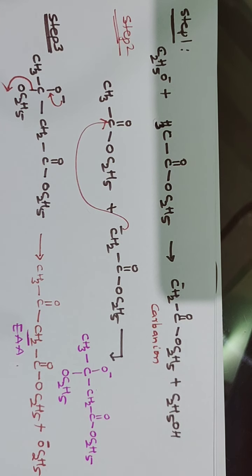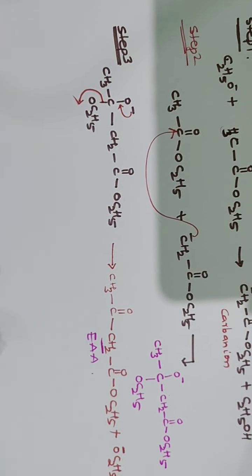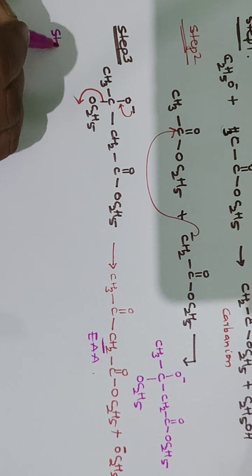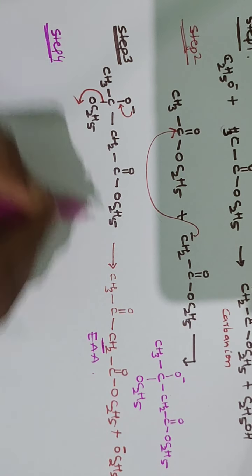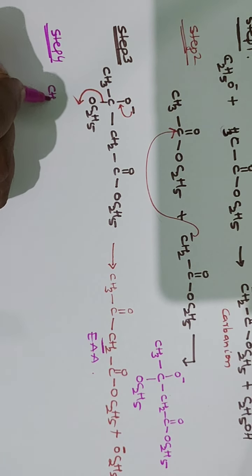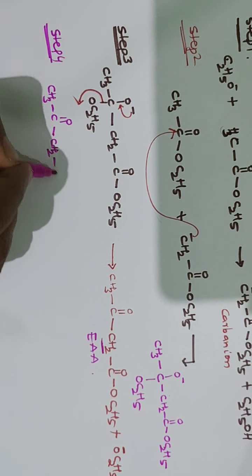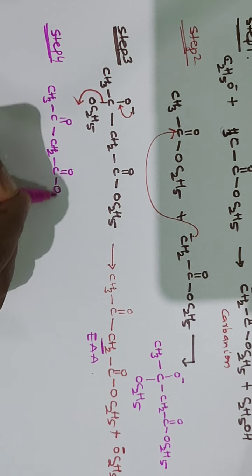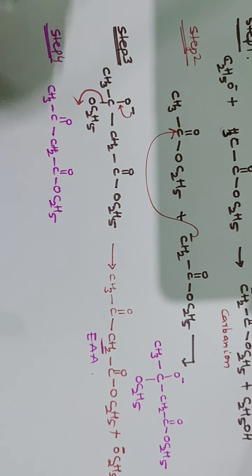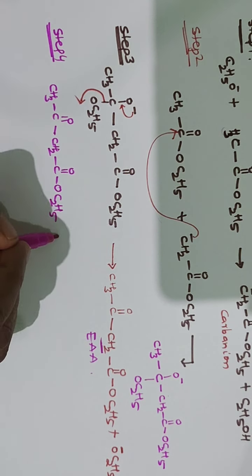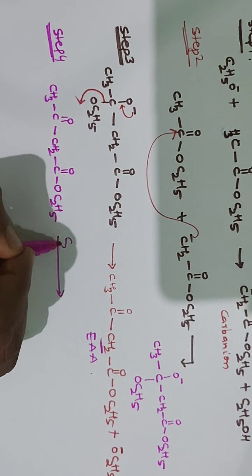I'll write it as step 4. You are going to get this molecule, but the problem is, the solution has ethoxide ion, and ethoxide ion is a strong base.